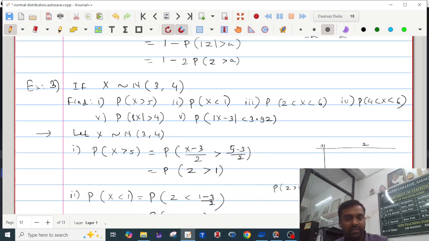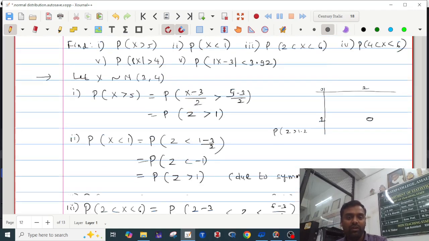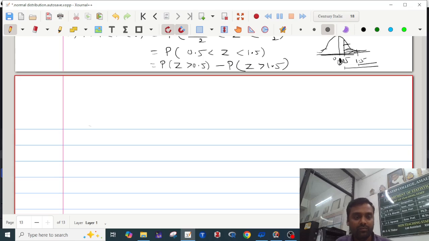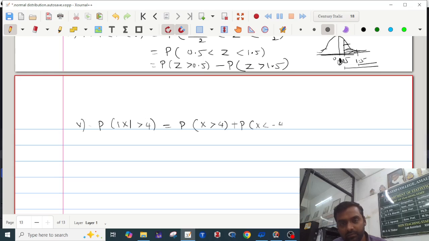It's quite easy. Next is probability of mod x greater than 4. This is equal to probability of mod x greater than 4, which means minus x greater than 4 plus probability of x greater than 4.